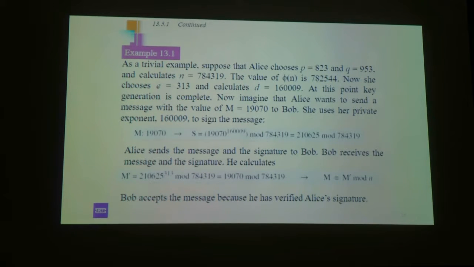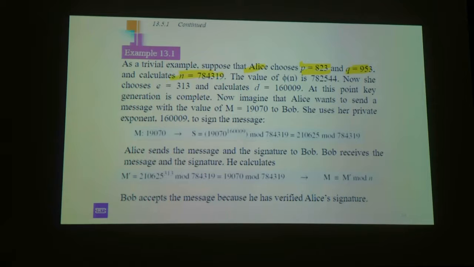All right, so this is an example. Maybe you remember this from chapter 10. A trivial example. Alice will pick P, which is a prime number, and Q, which is another prime number. Now we have P and Q. Now calculate N. What's N? You multiply them together.